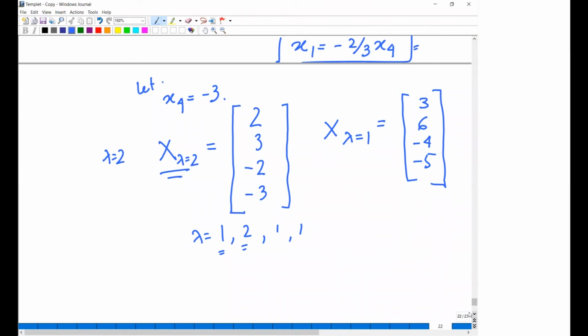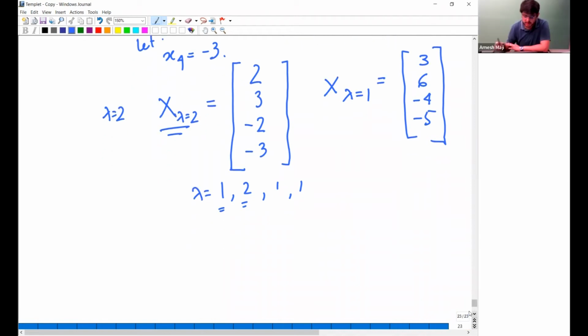So the basis vector is only 2? Can we say like that? Yes, so these 2 vectors will span the basis, right? And if we have 4, then we will need the linear combination of all those 4 vectors. Okay.